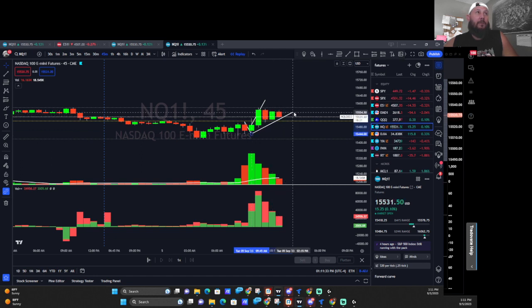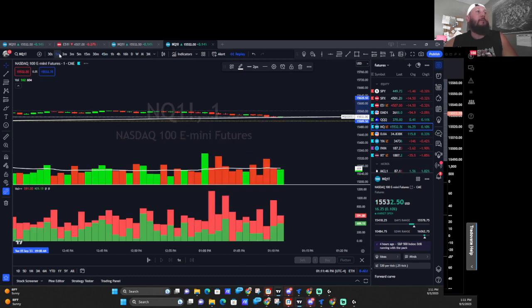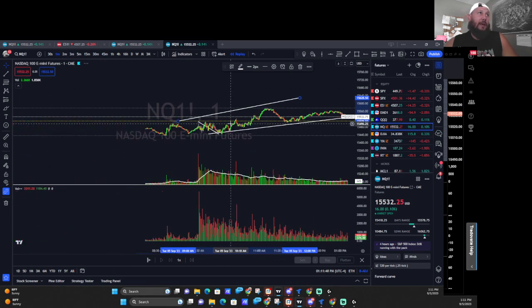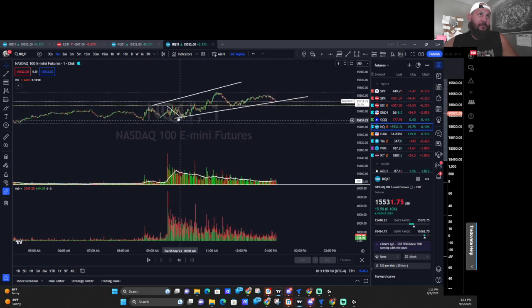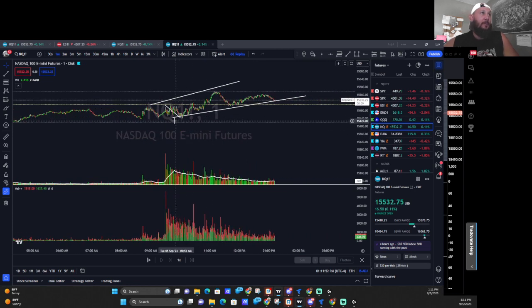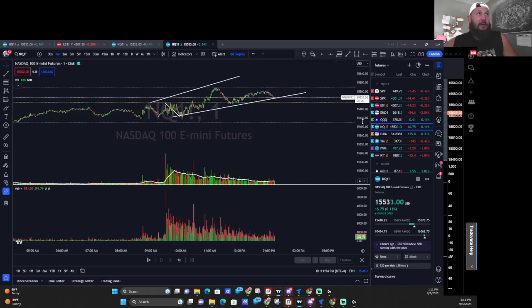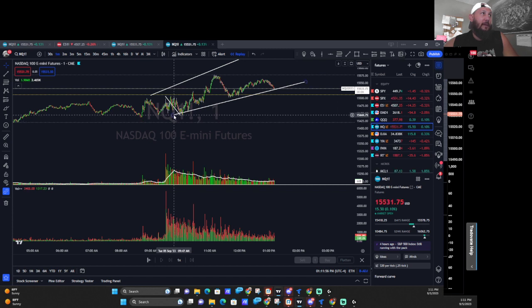Just want to do this for a second. And then I want to go like this. And then we're going to go back to the 1 minute chart for a second. And then we're going to zoom out. You'll basically notice that it's still respecting this line.